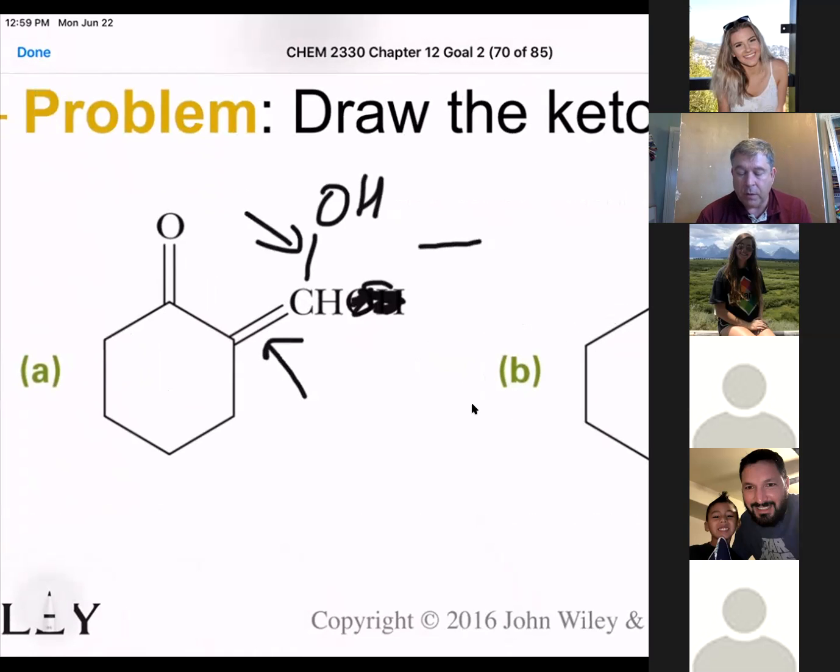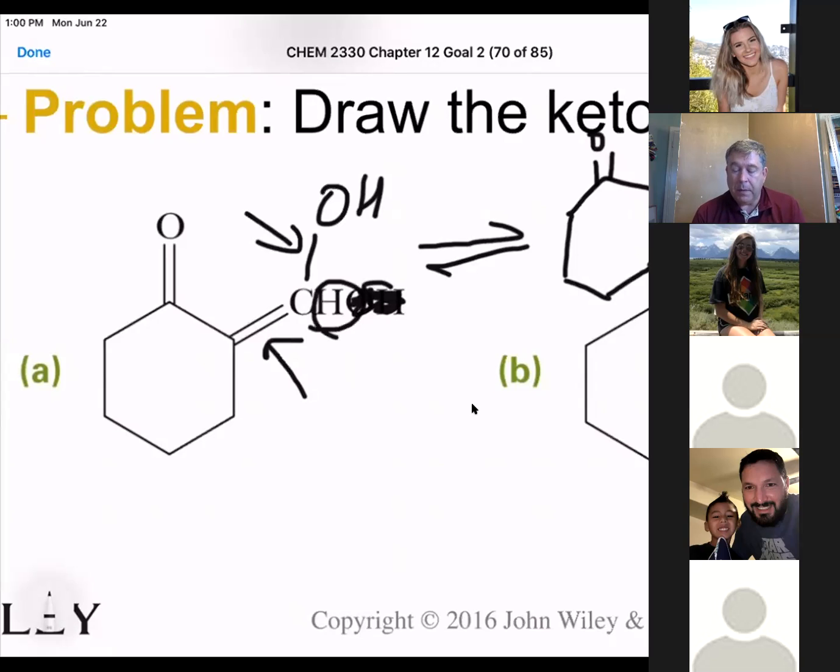So if we're going to draw the other isomer of this, we would keep the same carbon-carbon ring structure. This ketone doesn't change over here, but we end up with a carbonyl here. And because that carbonyl has a hydrogen on it, it makes this side an aldehyde. Okay? So by looking at this, this is the enol form, this is the keto form.